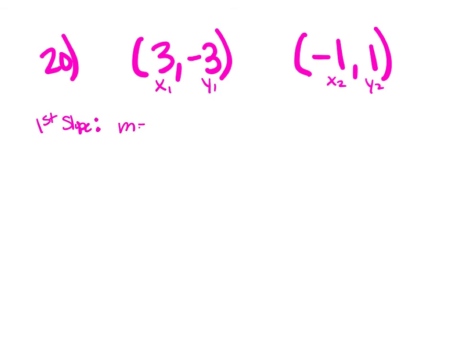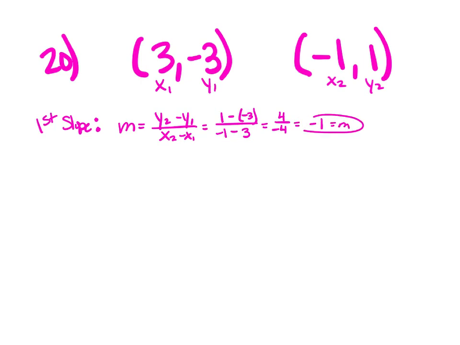We're going to use that slope is the change of the y's over the change of the x's. So we get y sub 2 is 1 minus y sub 1 is negative 3 over x sub 2 is negative 1 minus x sub 1 is 3. 1 minus negative 3 is like 1 plus 3, which is 4. Negative 1 minus 3 is negative 4. So we get the slope is negative 1.